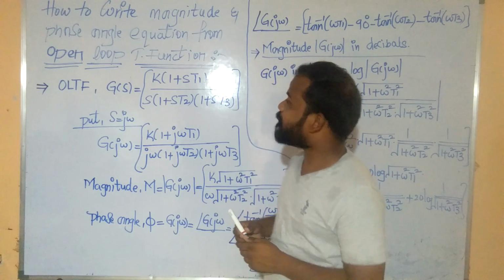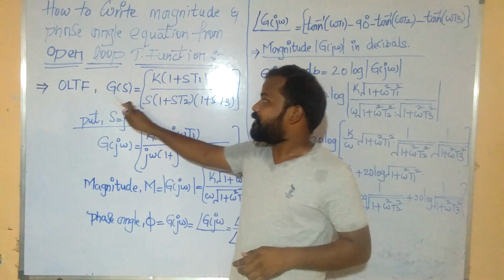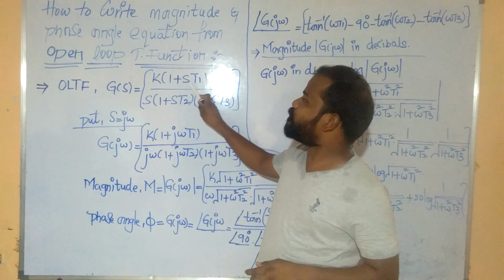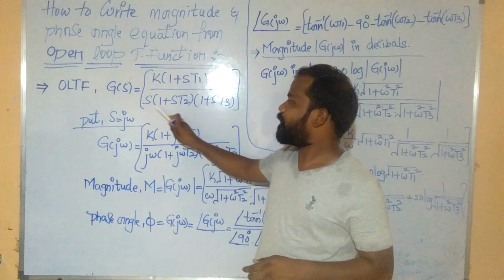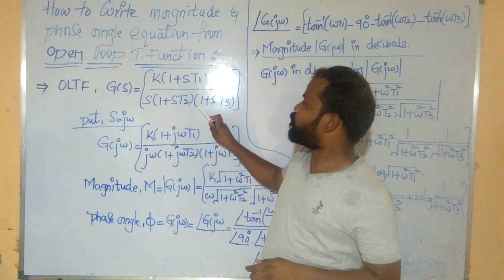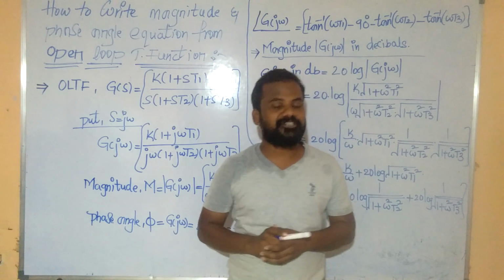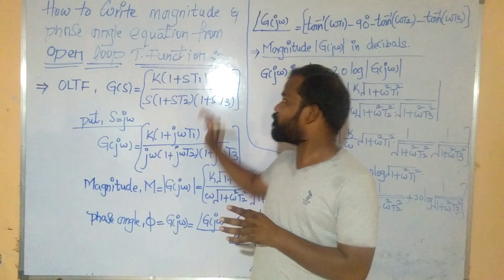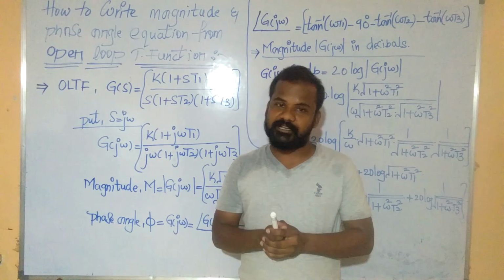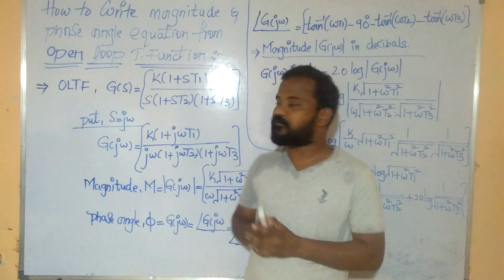So for example, the open loop transfer function G of s is equal to K into (1 plus s T1) divided by s into (1 plus s T2) into (1 plus s T3). This is the given open loop transfer function. Now I want the magnitude equation and also the phase angle equation from this.